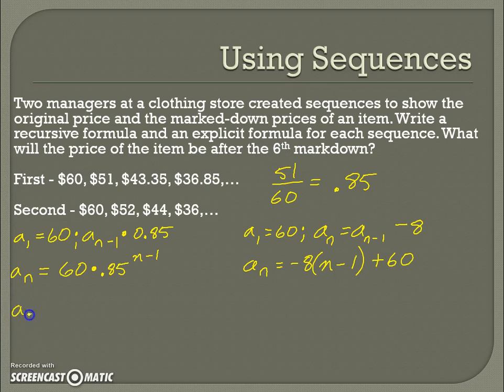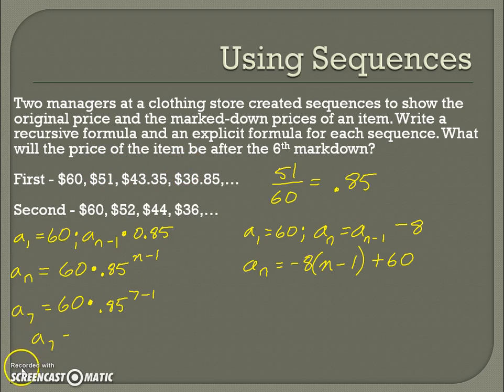So here I have A of 7 is going to equal 60 times 0.85 to the 7 minus 1, or 0.85 to the 6. Go ahead and plug that in my calculator. The 7th term, whoops, I don't know why I'm doing the 7th. What will the price be? 1, 2, 3. Hold on here.